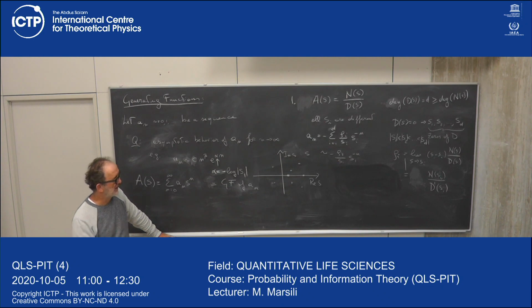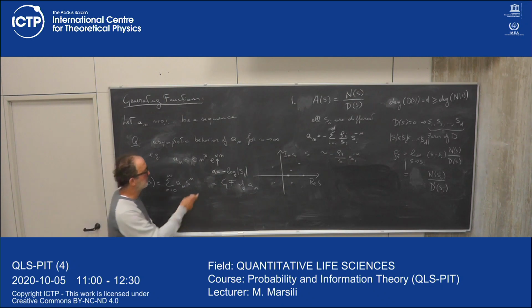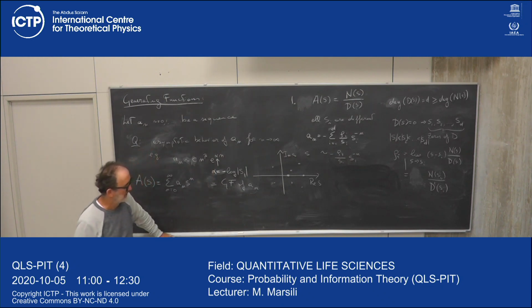Okay, so the location of the closest singularity gives you the exponential rate. So the closer it is to the origin, the faster the growth will be.